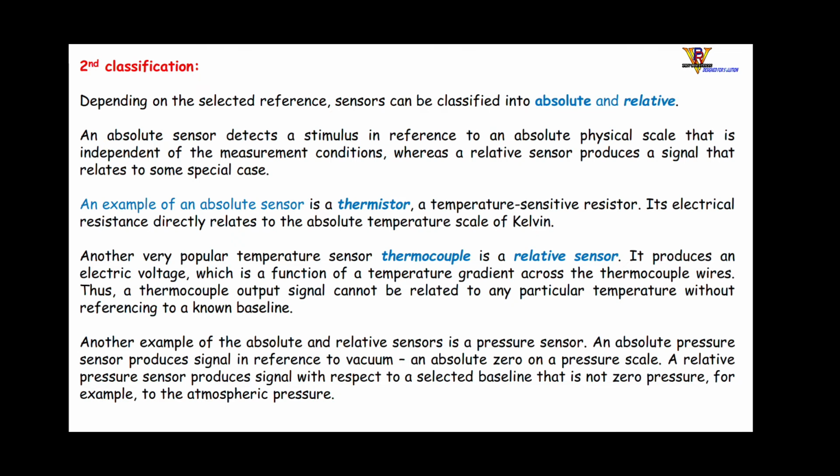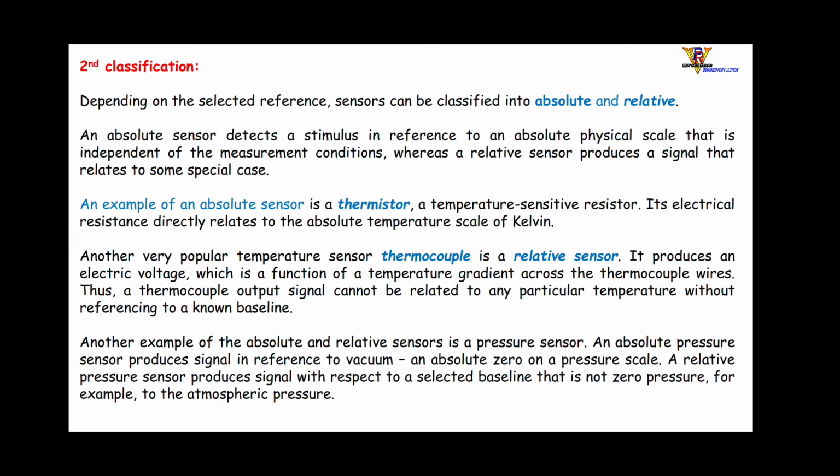In a thermocouple, we have two points A and B, and we must have a temperature gradient between these two points, and this gradient can be used for measurement of the temperature. So here we are taking the reference of point A with respect to point B. In this way it is a relative sensor.